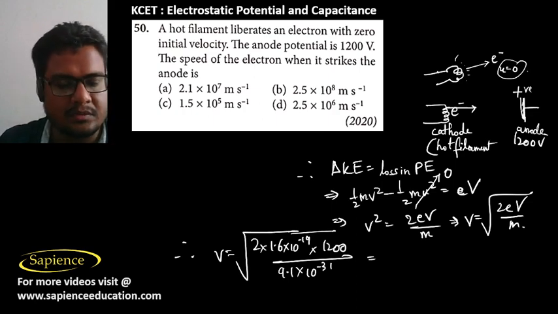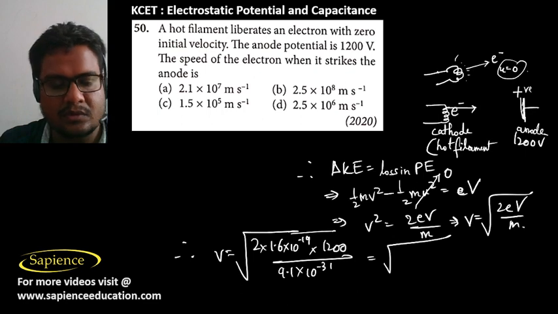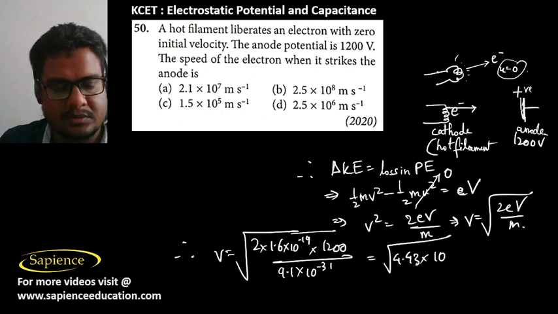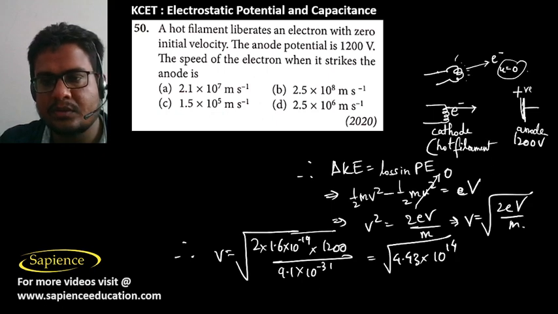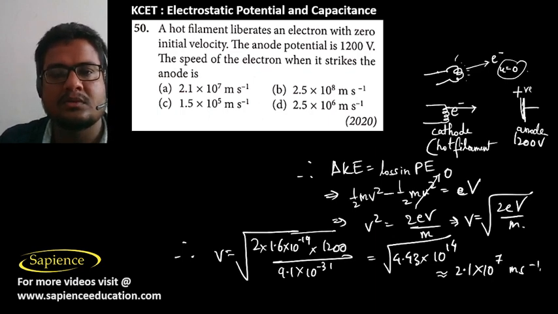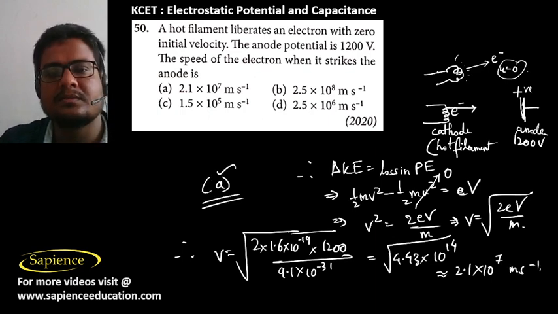So we solve it, then we get approximately 4.43 into 10 power 14. Its square root will be approximately 2.1 into 10 power 7 meter per second. So it means that option A is the correct answer.